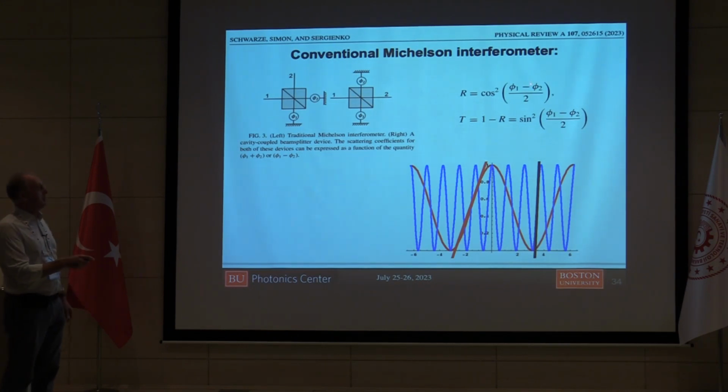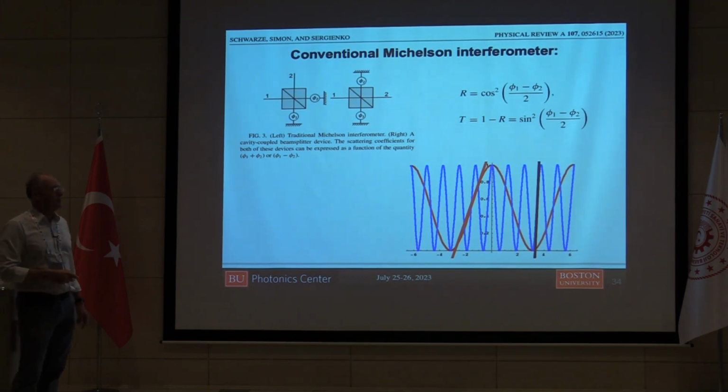It depends linearly: phi 1 minus phi 2, or you can make it phi 1 plus phi 2. It's a linear function. So you change one of them and you can trace this shape. If you change phi 2, you just linearly shift this curve. You don't change the periodicity of this curve, the red one. That's the conventional Michelson.